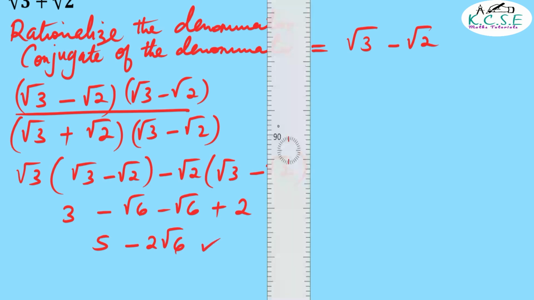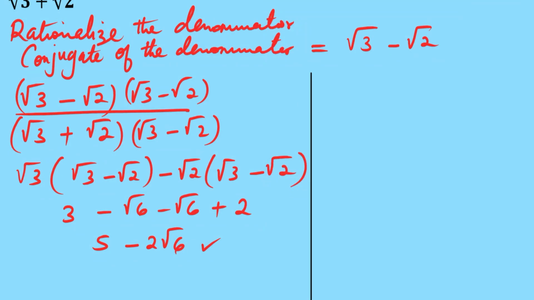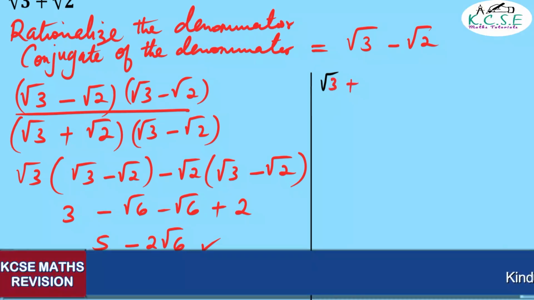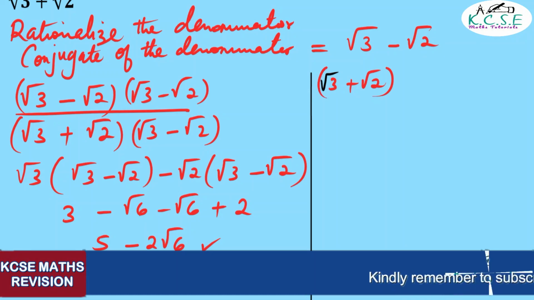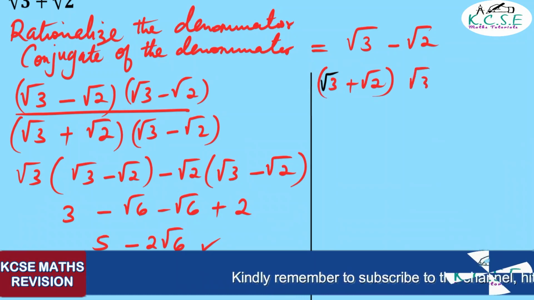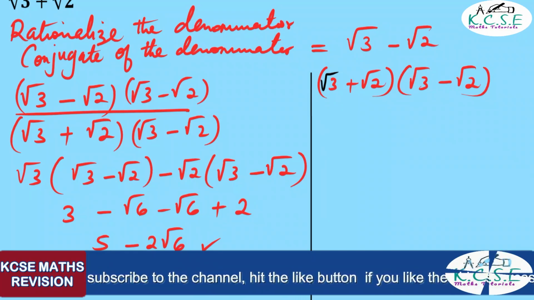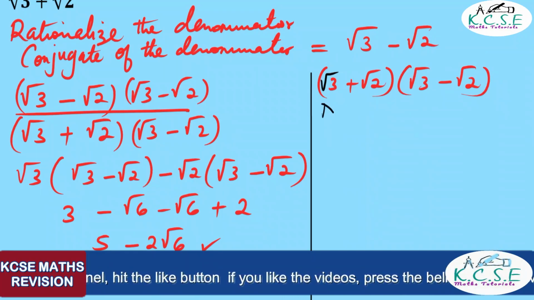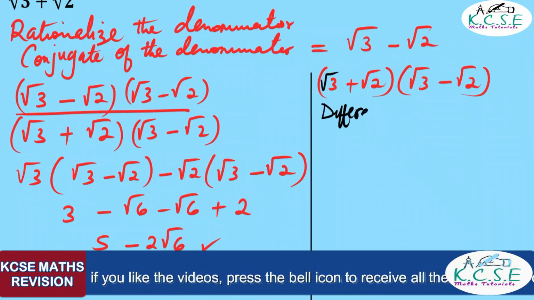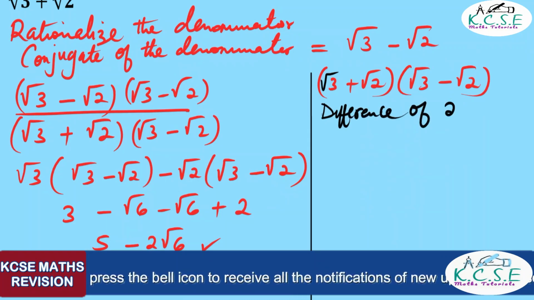Now let's go to the denominator. For the denominator, we have root 3 plus root 2, multiplied by root 3 minus root 2. If you look at this carefully, you notice that this represents the difference of two squares.